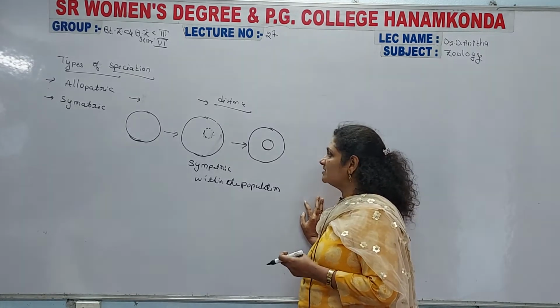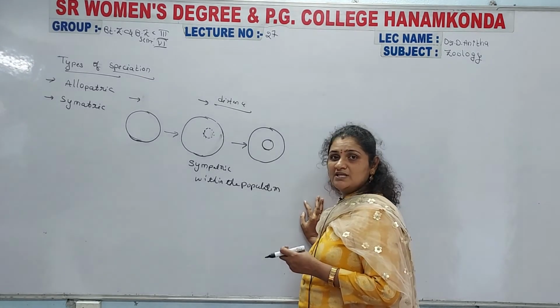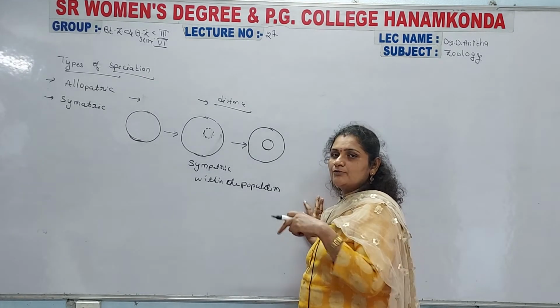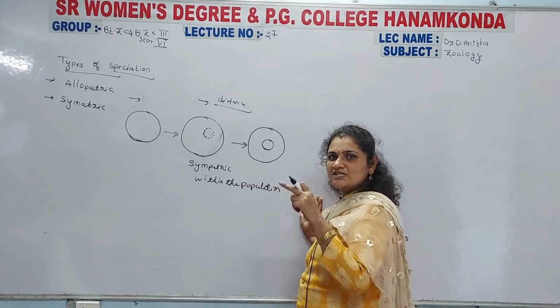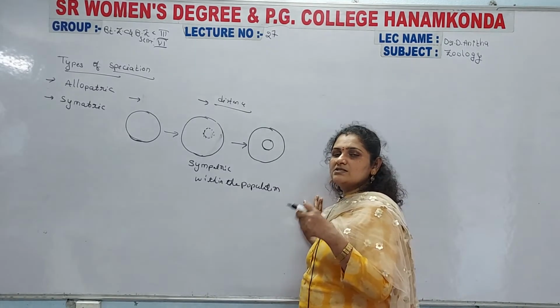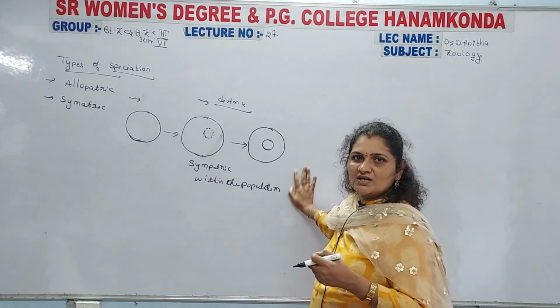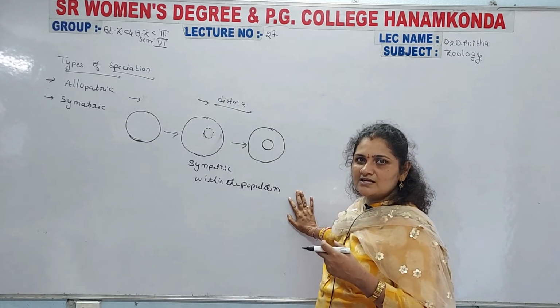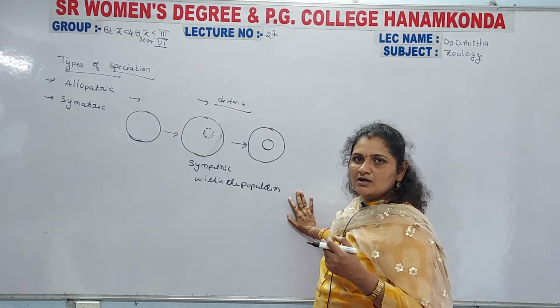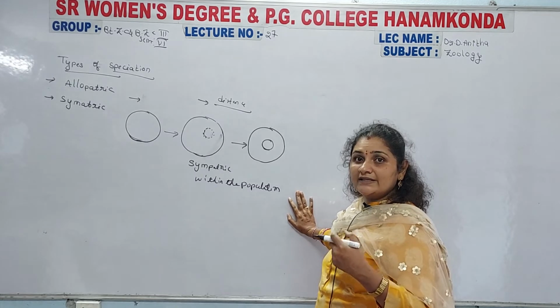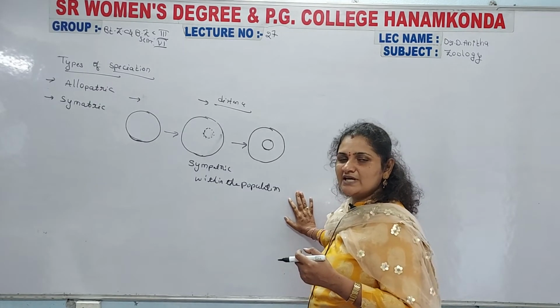Sympatric speciation means that within a population, a group of common species, there are other reasons. Natural hazards such as tsunamis, floods or earthquakes sometimes occur in an ecosystem.